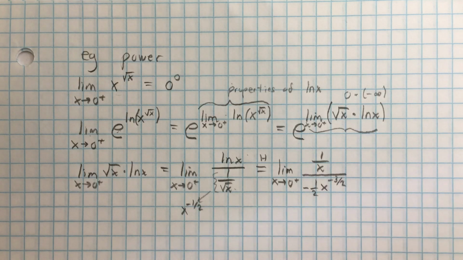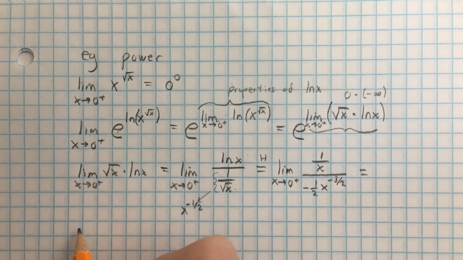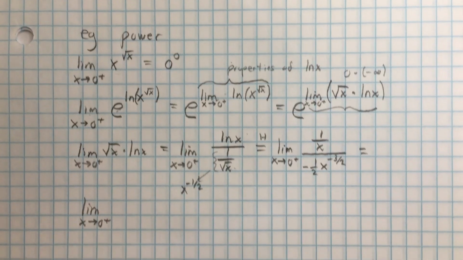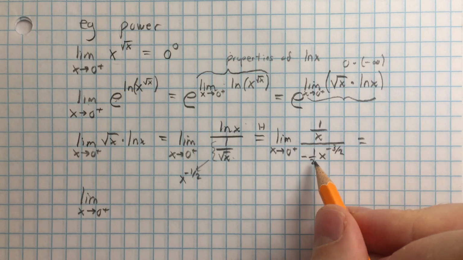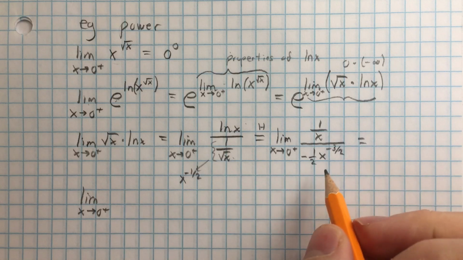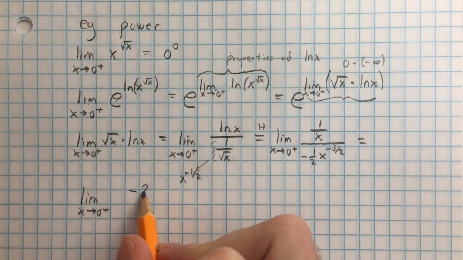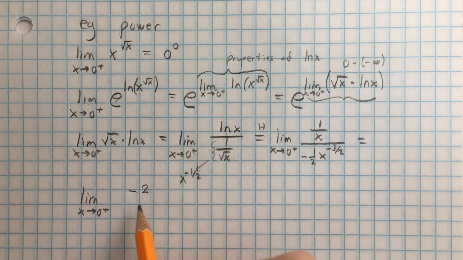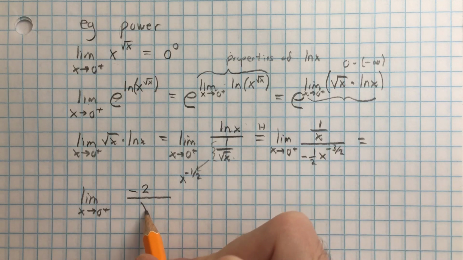Okay. If I clean this up algebraically, right, we'll now have the limit as x approaches 0 from the right of, so this negative 1/2, I'll take a reciprocal and I'll get a negative 2. I'll have a negative 2 in the numerator. I still have x down here.